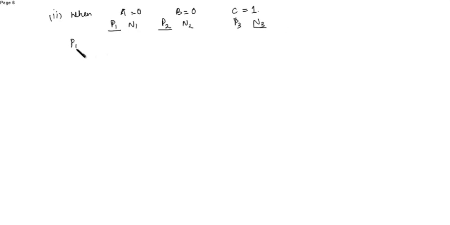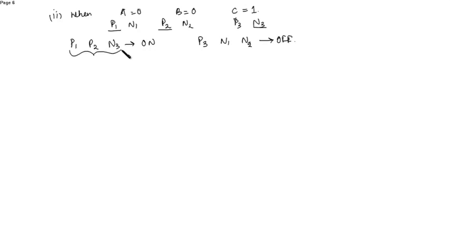So in this case, P1, P2 and N3 will turn on, then P3, N1 and N2 will turn off.